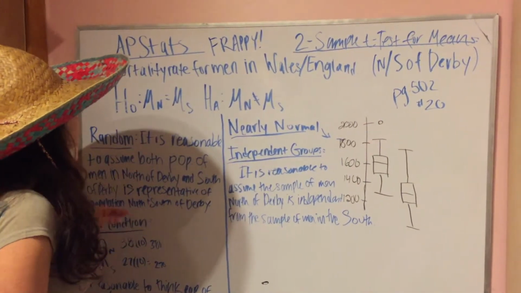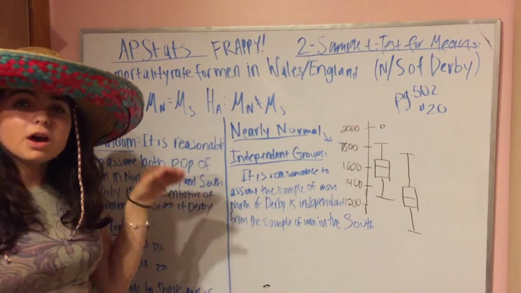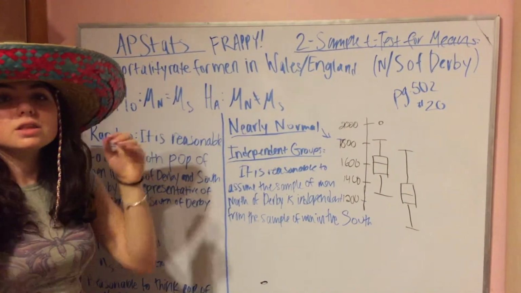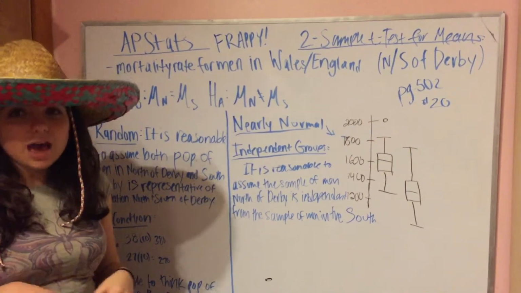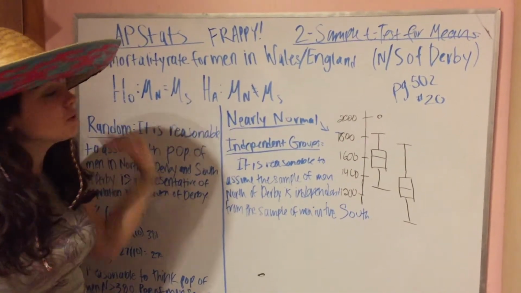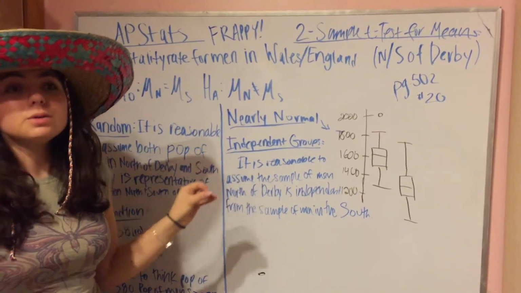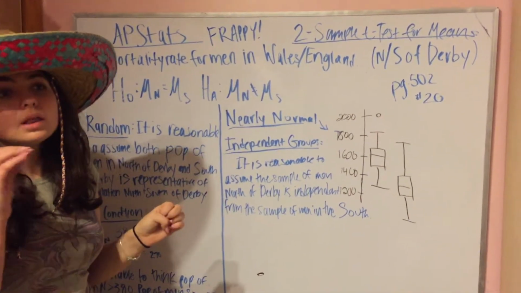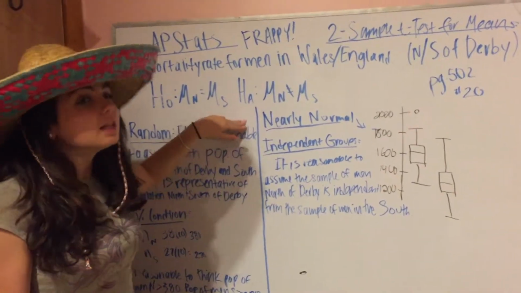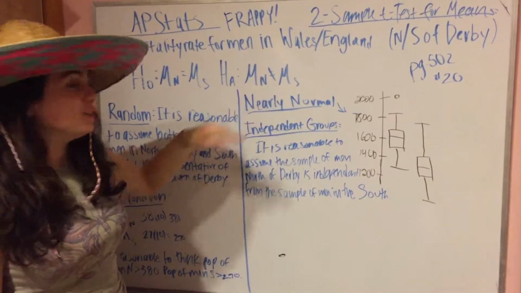So in this problem, we're saying the mean of the men mortality rate north of the city Derby is equal to the mean of the mortality rate south of the city Derby. And then in the alternate, we're saying those two means are not equal to each other. You could either say they're not equal to, greater than, or less than in this type of problem, but this FRAPPE is calling for not equal to.